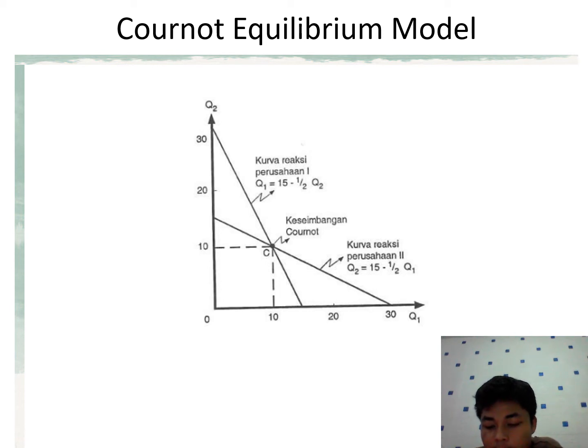This model can be developed for more than two competing companies. If there are n firms in the industry, then each firm will produce 1 per n plus 1 of the industry total output, or together they produce n per n plus 1 of the industry total output.